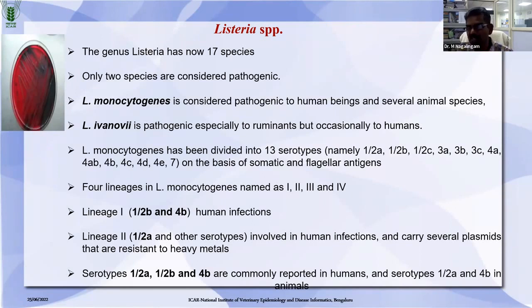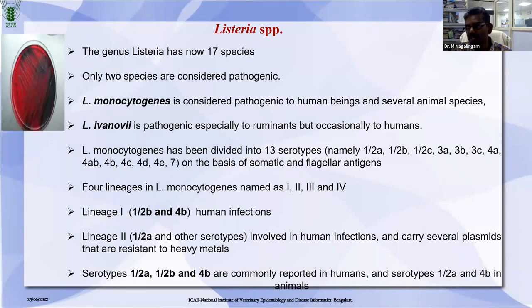It has 13 serotypes, and these are important when we analyze its genetic background in epidemiological studies, answering where the organism originated from and where it is going. So to trace back the etiology and epidemiology, these things are important.